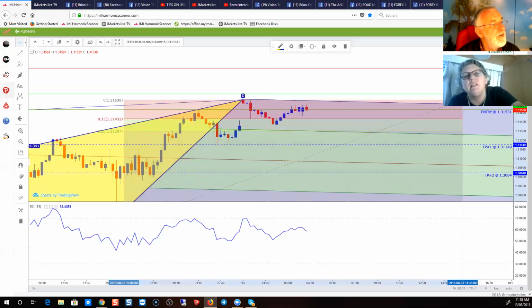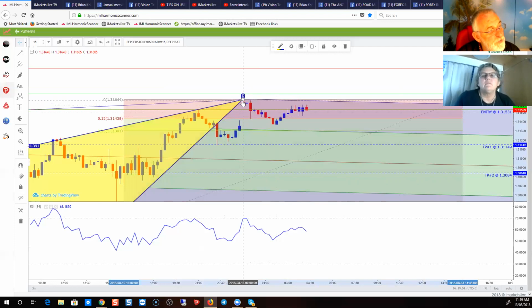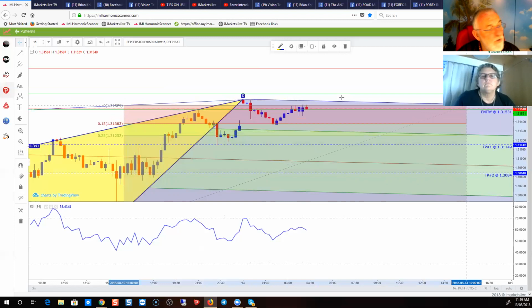So from the D point. Yeah. So the 80 to 90% that it will move 15% is from the D. The only reason why I moved this is because that's where I got into the trade, and we're looking at it to try and go to that, but it may not go that far.